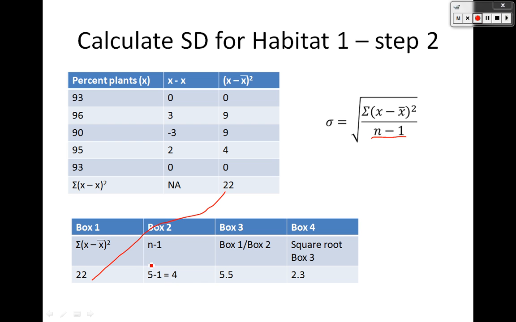And we said we have 5 trials, minus 1 is 4. Box 3 is essentially this divided by this. So box 1 divided by box 2, 22 divided by 4 is 5.5. And so that's this division operation here. And box 4 then is the square root of what we just took. That's this operation here. The square root of 5.5 is 2.3. So that means the standard deviation for habitat 1 is 2.3.